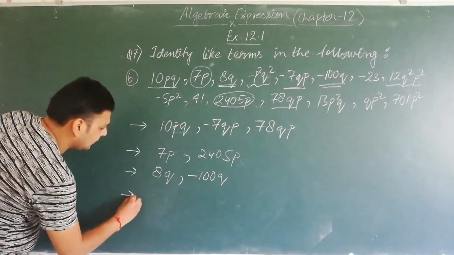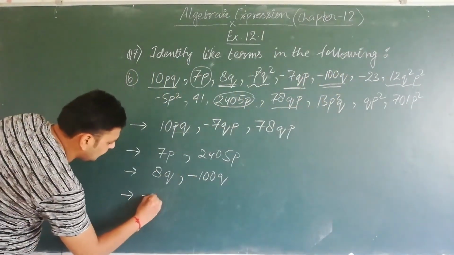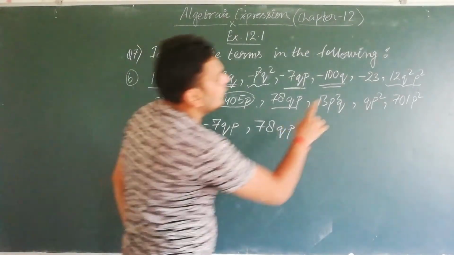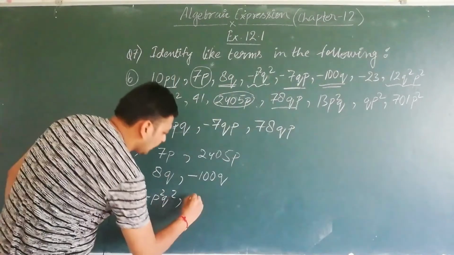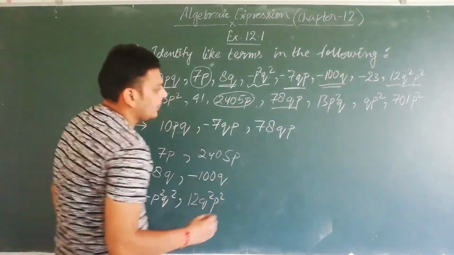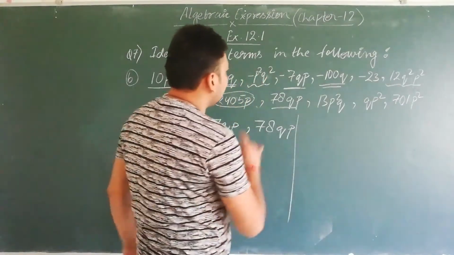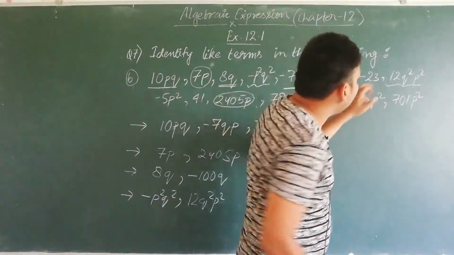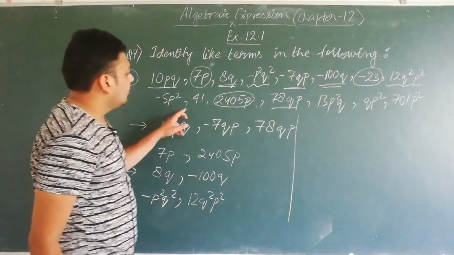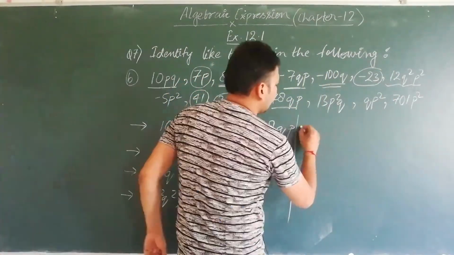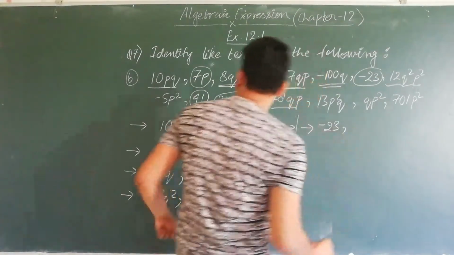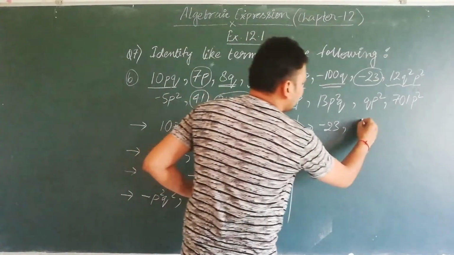The next like term is minus p square q square and 12q square p square. Okay, let's see other terms. Minus 23 is a constant, 41 is a constant. The other like term is minus 23 and 41.